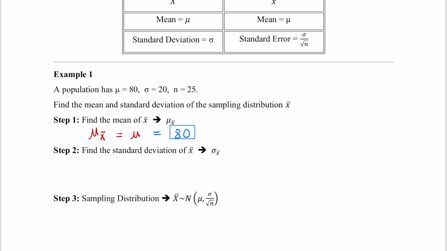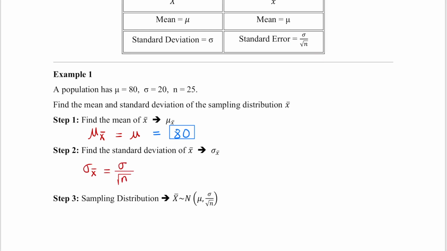Next, let's find the standard error. We use the formula sigma of x bar equals sigma over root n. Sigma is 20 and n is 25. So we have 20 over square root of 25.